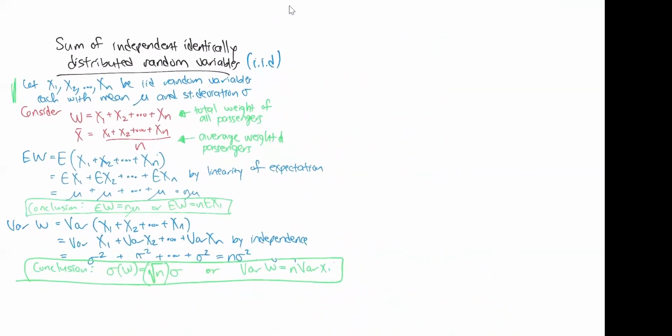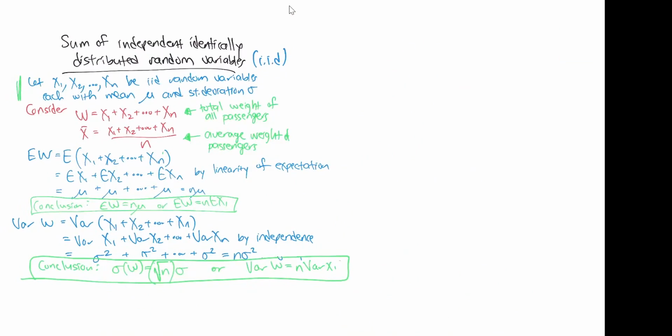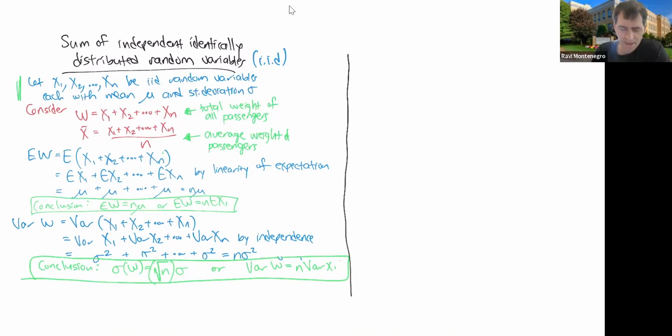So let's go through here and figure out how to adjust these formulas if we're looking at averages. So if I was looking at X bar instead, then I have E of X bar.